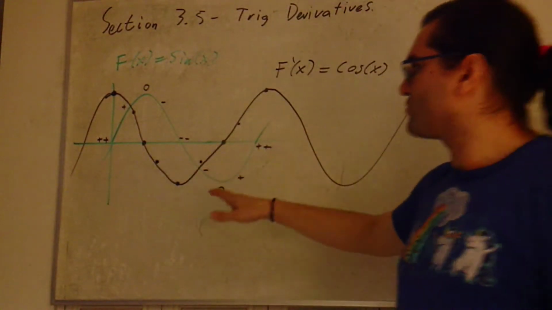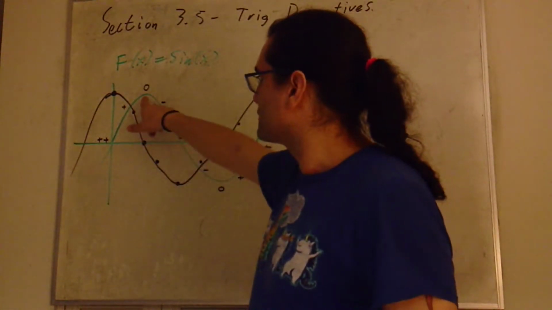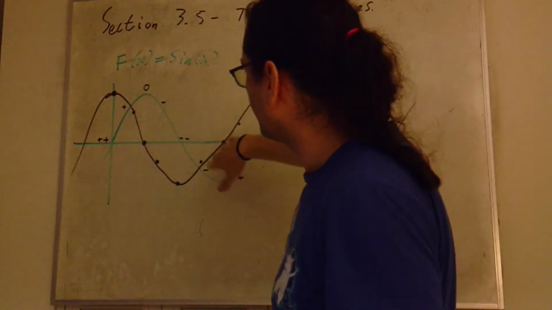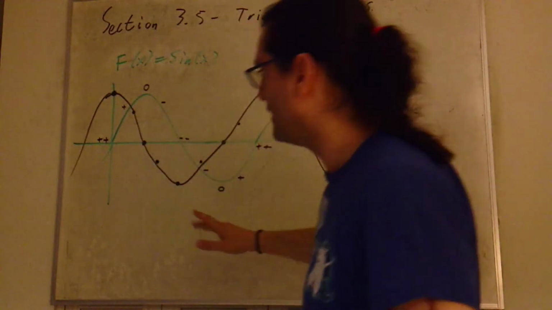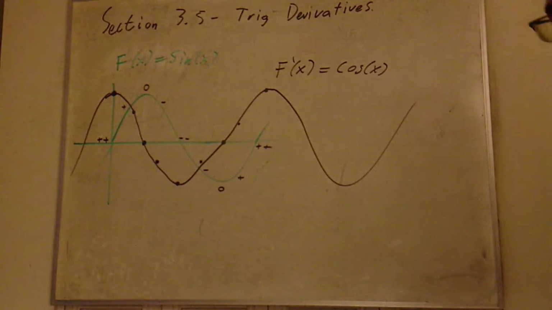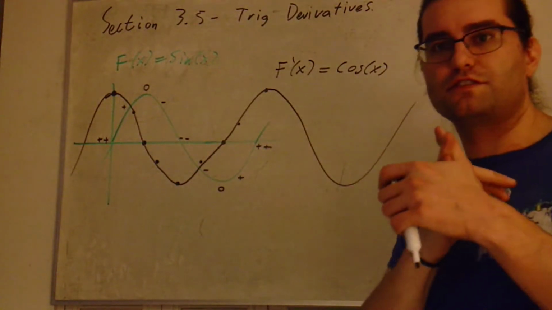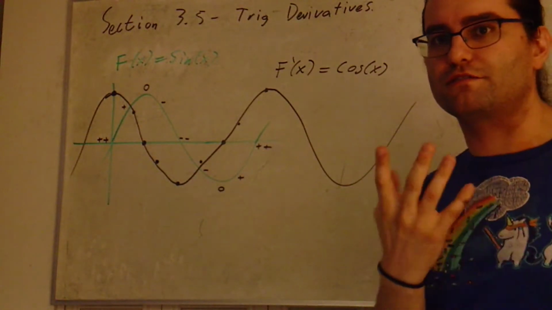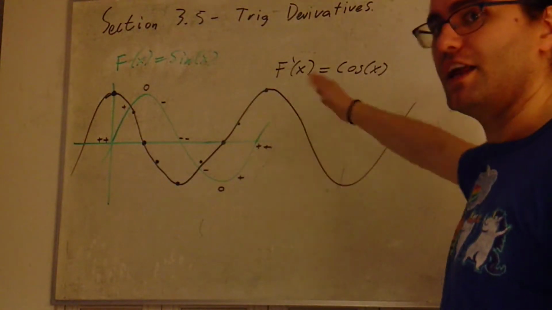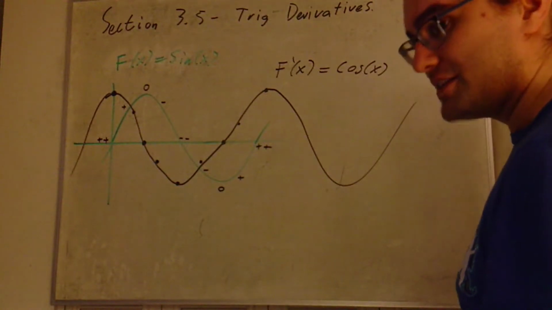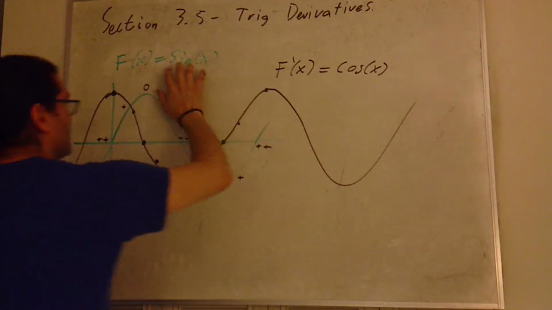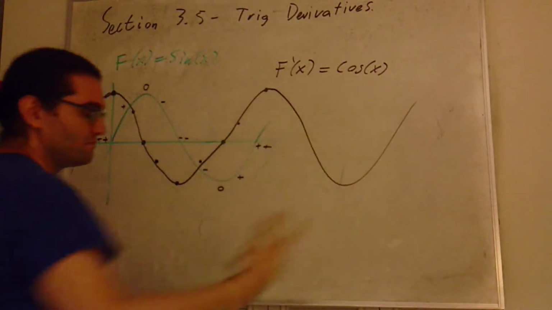When we take the derivative of a sine wave, we need something that's going to switch between positive and negative and hit 0 here and here infinitely many times. Polynomials can't do that, exponential functions can't do that, logarithms can't do that, rational functions can't do that. There's only one kind of function that's going to switch between positive and negative infinitely many times, and that's another trig function. So the derivative of sine is cosine. That's very handy.